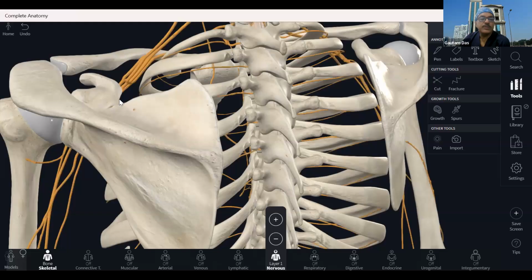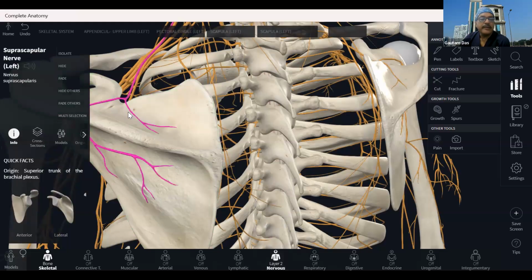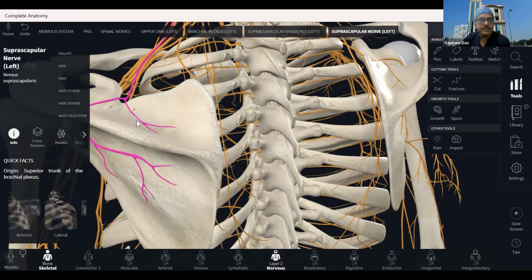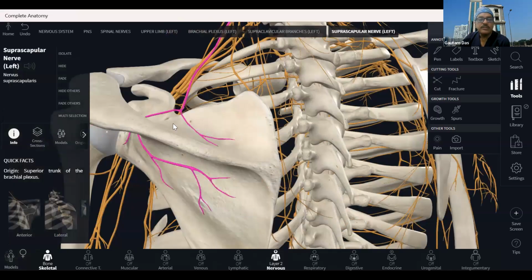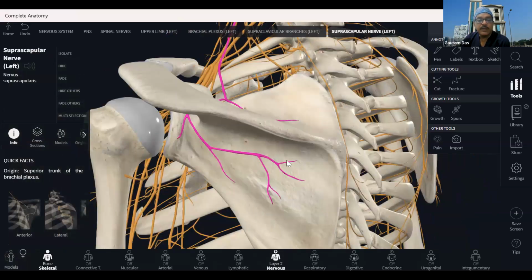You see, this is the suprascapular nerve. It gives a muscular branch to the supraspinatus, and then it comes here. This is your spinoglenoid notch, and it supplies the infraspinatus and also the shoulder joint.